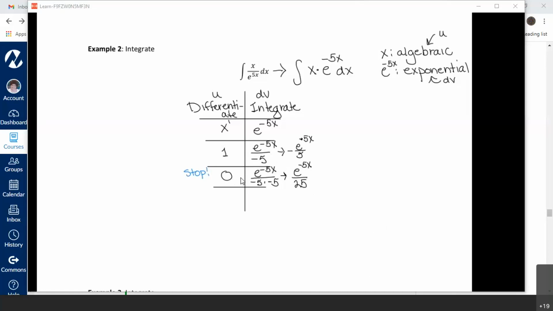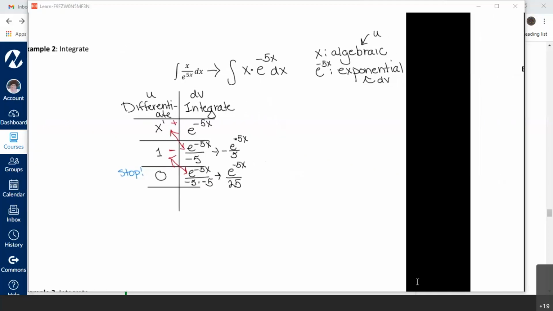Again, I'm going to stop on the integration column when I get to the 0 row, and then I'm going to make my products. I'm going to wind up with two products. First one's positive, second one's negative. And then I'm just going to pull out the products.